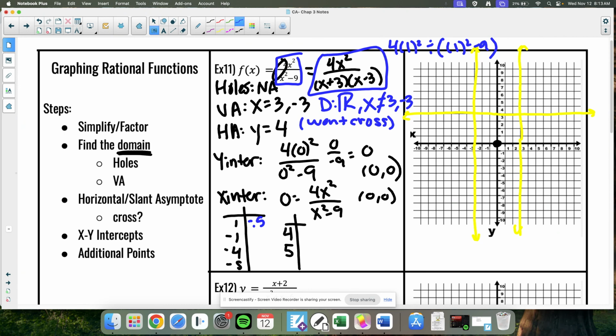Yeah. Negative 4. Anyone do negative 4? You got 2 point something? No, that's all of them.